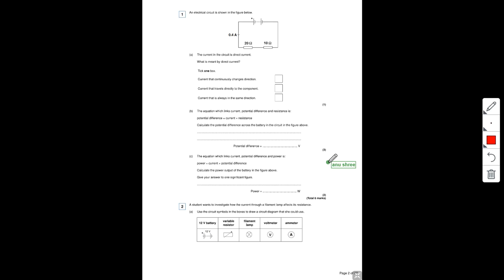And how can you calculate R equivalent or R total for a series circuit? It's R1 plus R2. Yes. And what do you mean by parallel circuit? Parallel circuit is where the components are separate.